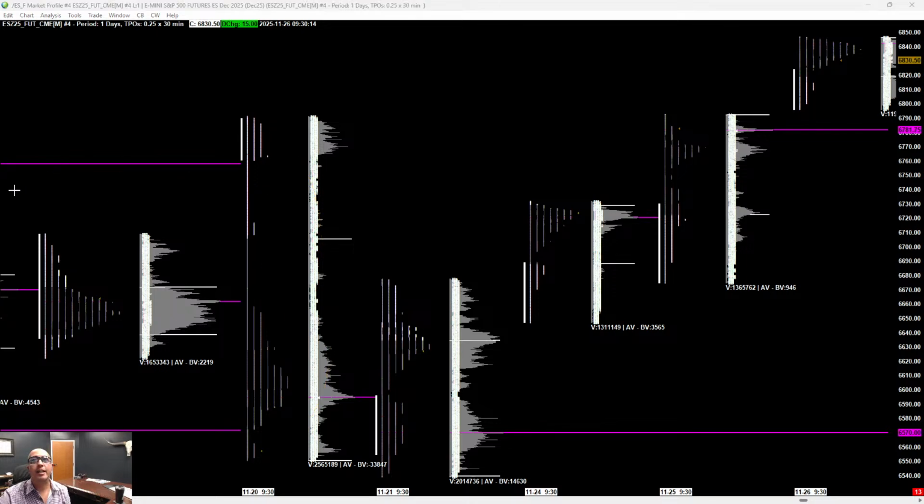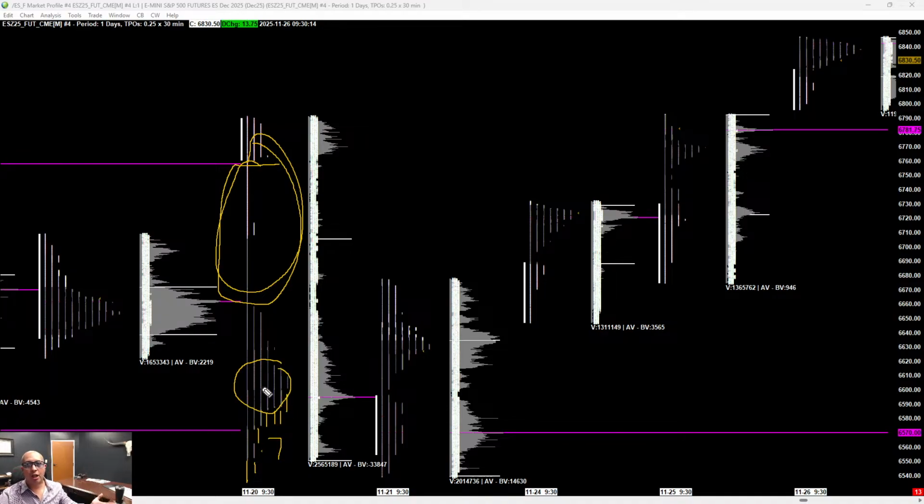When you look at a trend day, you get a lot of single prints. Now this builds out, and this all builds out at the end of the day. So it's that thing where you missed the trend, you missed a good move, and then it ends up building out. 1, 2, 3, 4, 5, 6, 7 TPOs wide at the end of the day.